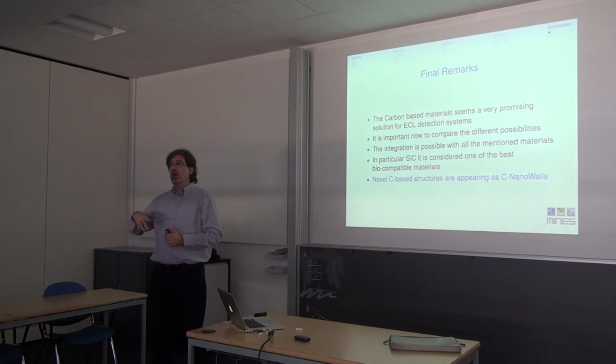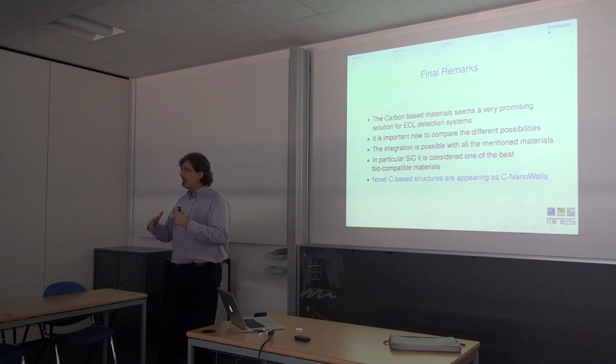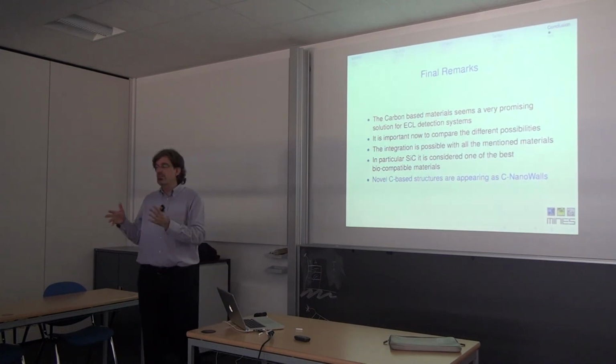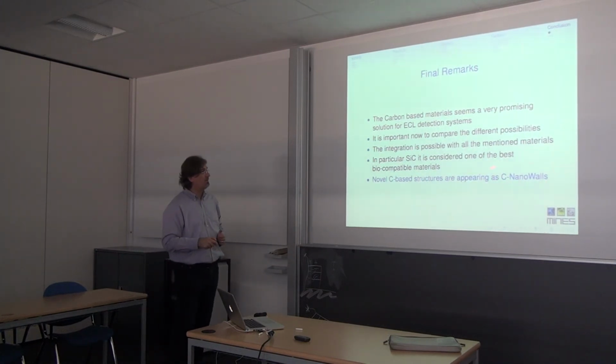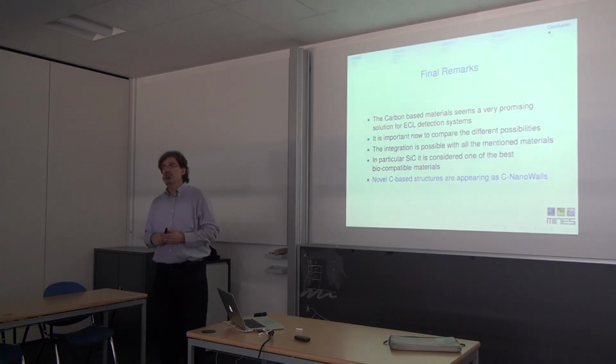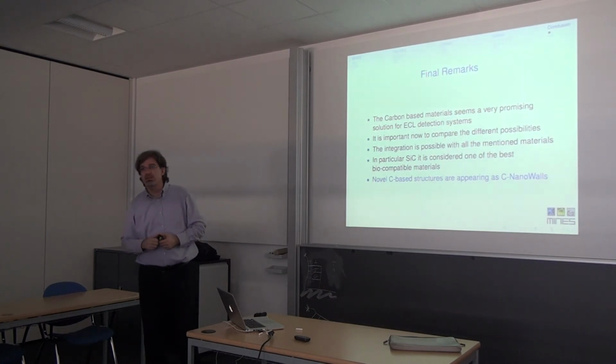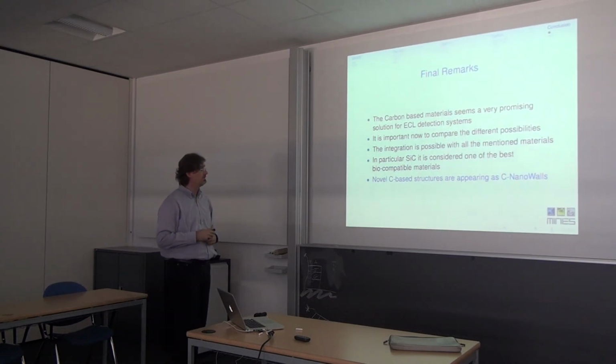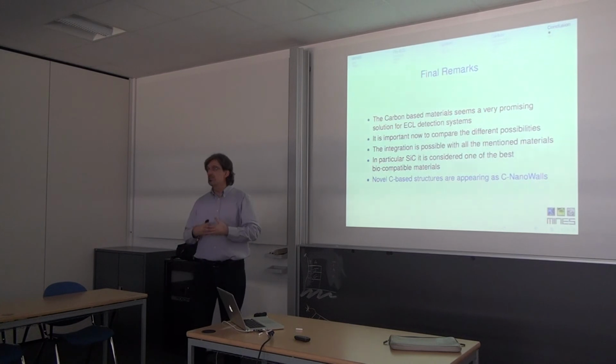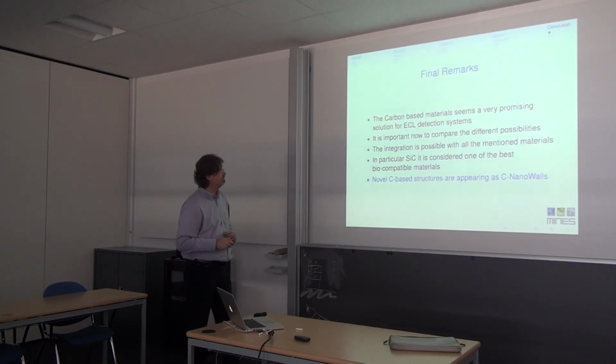The study of carbon is a very large area of research, and people are trying to exploit different shapes. In this case, one of the promising geometries is these carbon nanowalls, so walls of carbon-based materials, again for producing electrodes and this type of application.